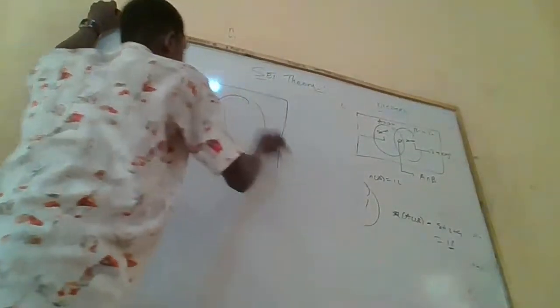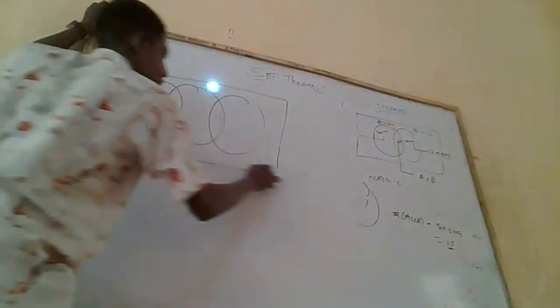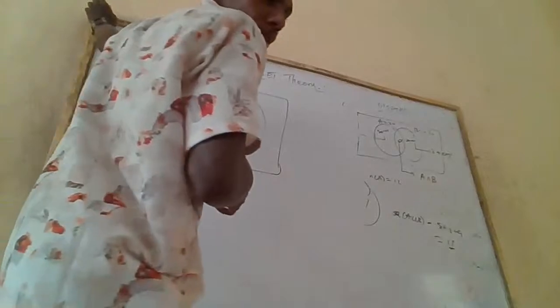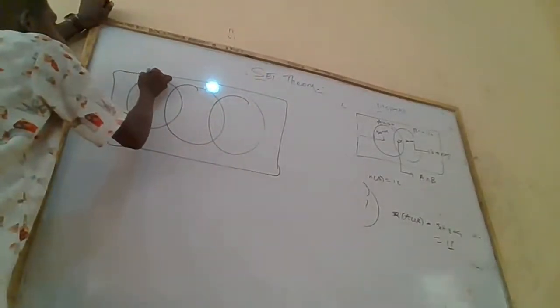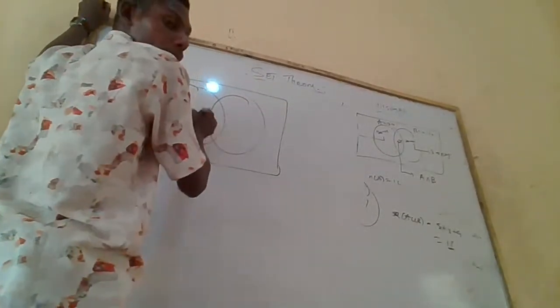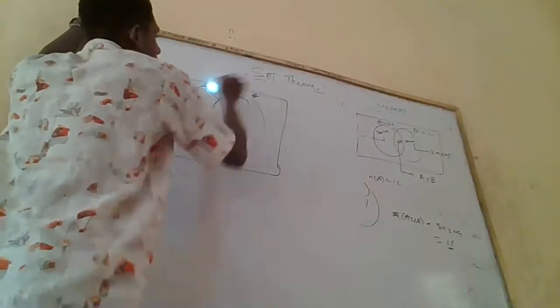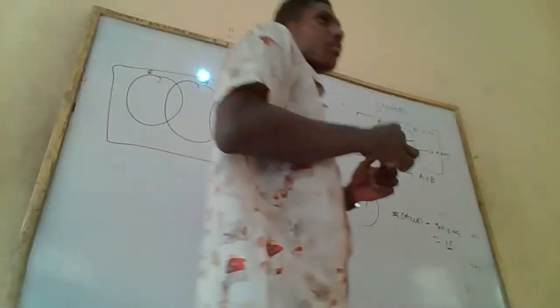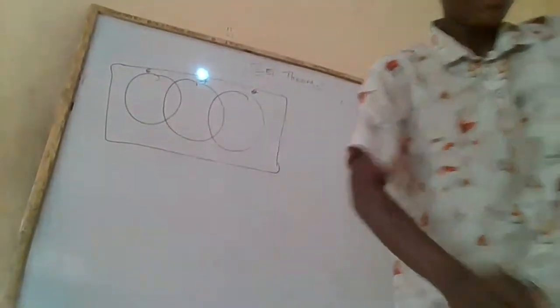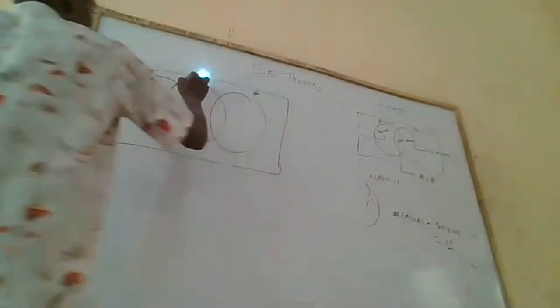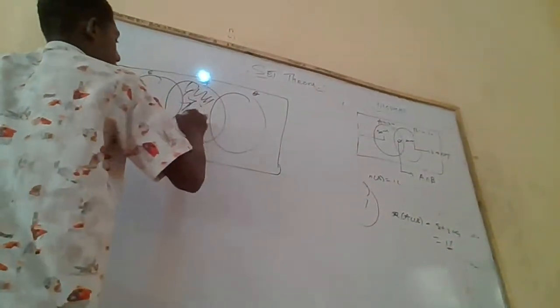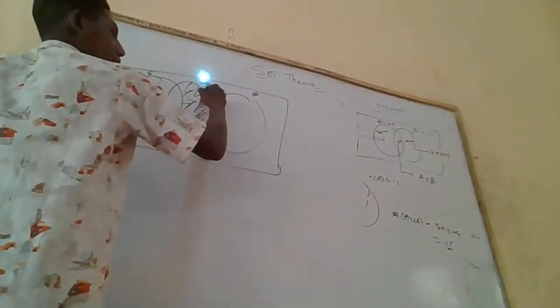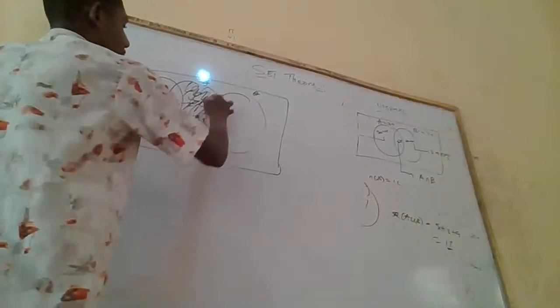And then it goes like this. Are you there? Now, we said this is E, this is F, and this is G. Are you with me? Now, we shaded this part.